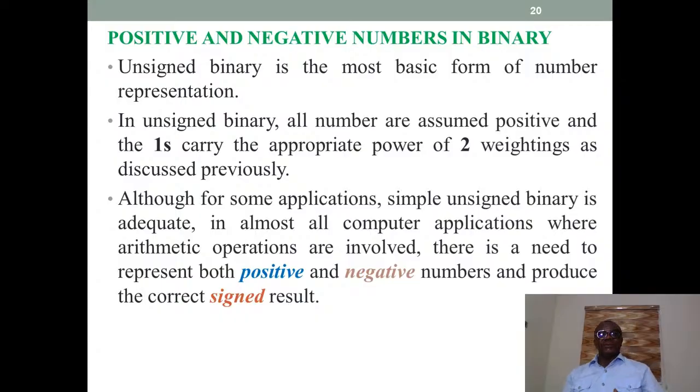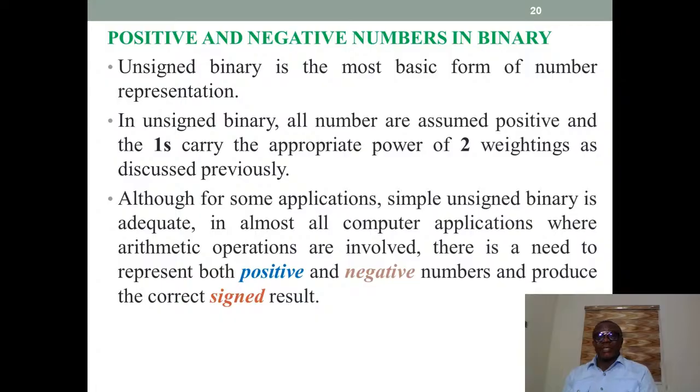So we have been talking of unsigned binary, and it is the most basic form of number representation. In unsigned binary, all numbers are assumed to be positive, and the ones carry the appropriate power of two weightings, as we have discussed previously.